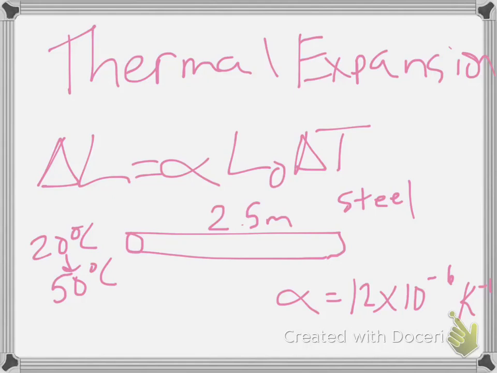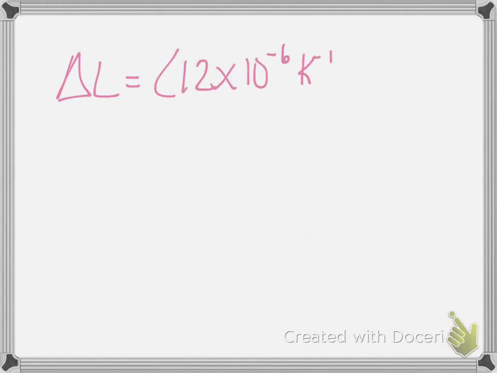So here we go. If we're going to calculate this, its L changes a lot, so delta L is equal to the alpha of 12 times 10 to the negative 6 inverse Kelvin, multiplied by the original length, 2.5 meters, multiplied by the change in temperature. If we're going from 20 degrees Celsius to 50 degrees Celsius, then not 50, it's going to be 30, right? That is the change.